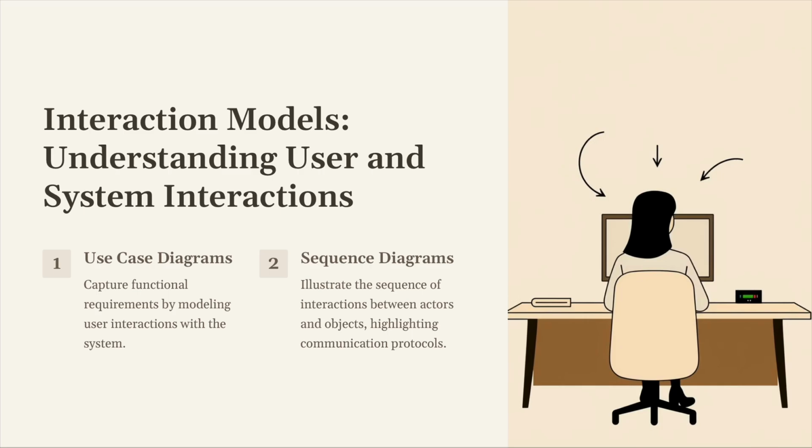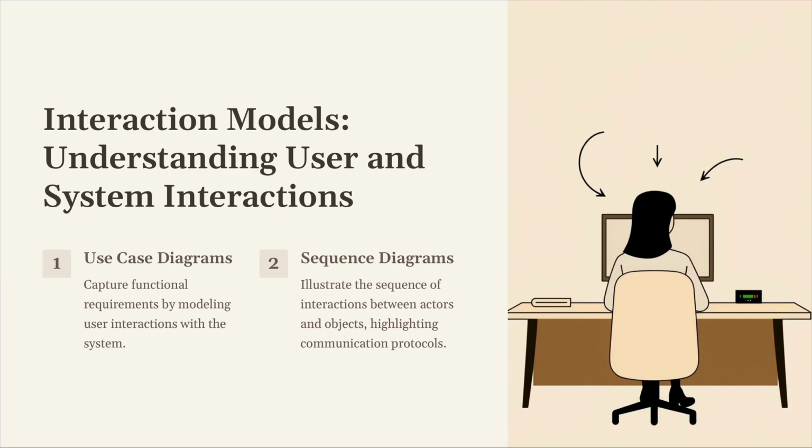Interaction models focus on how users and systems work together. Two common tools for this are: one is use case diagram. These show what the system needs to do based on user interaction. For example, in an online store, use cases might include add item to cart or process payment.